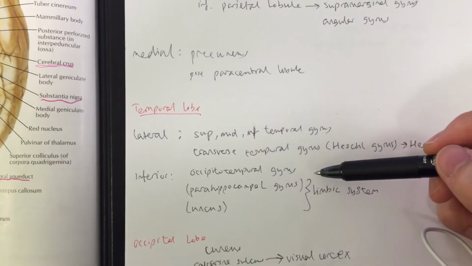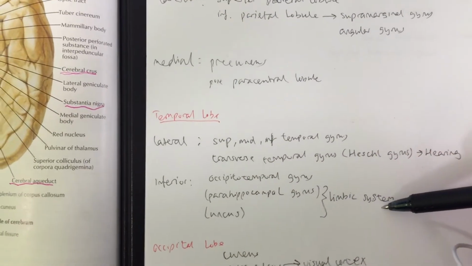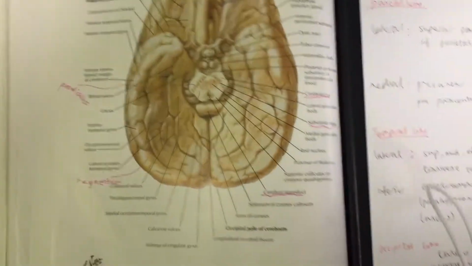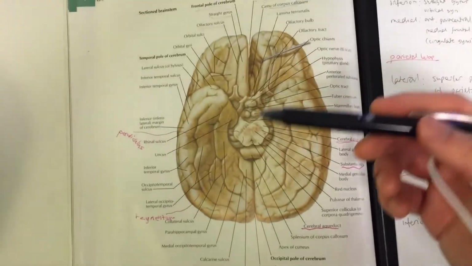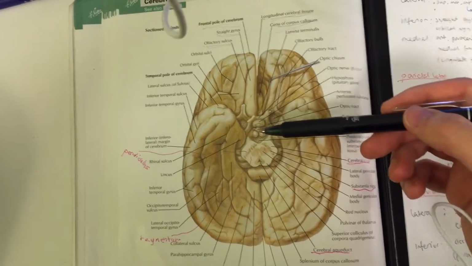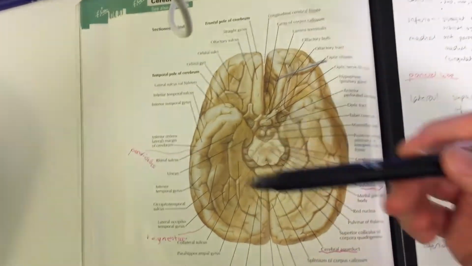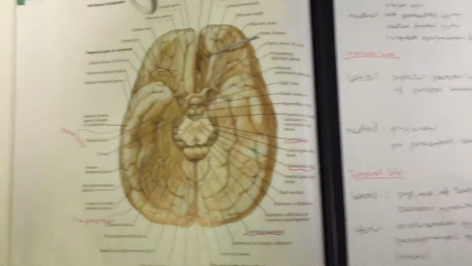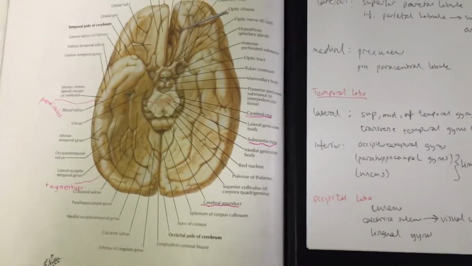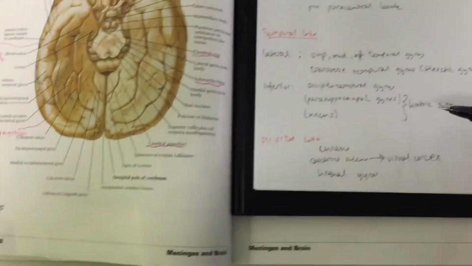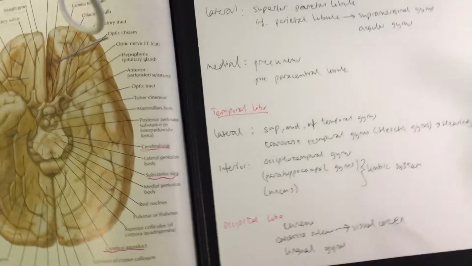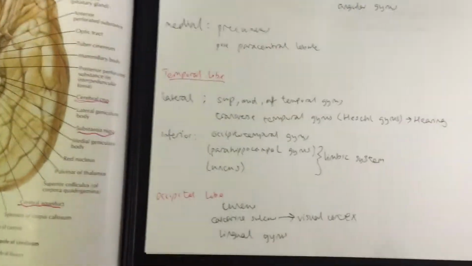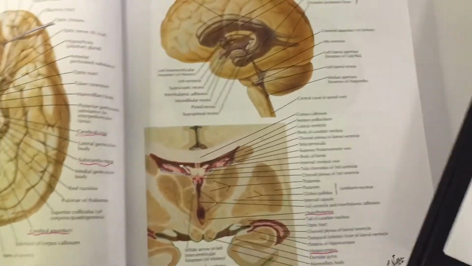Instead, they are part of the limbic system. Why am I mentioning these anyways, even though they're not part of temporal? Because in your exam, they'll ask you to name these gyri. On the inferior aspect, the lateral aspect, the medial aspect, they will be telling you to mention these. And you can mention to them it's part of the limbic system, and limbic system is for memory. We'll speak about that later.